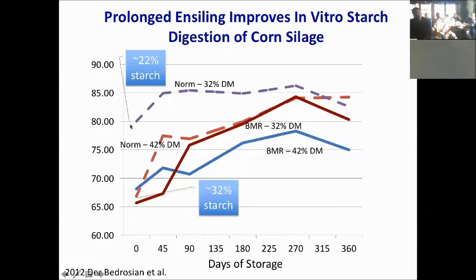This is easily explainable, because this sample with 22% starch was immature, so it did not have a very complex protein starch matrix to start with. Thus, its initial digestibility was quite high, and it plateaued because it started out high but couldn't go much higher than the ceiling I see in the field of about 80 to 85% in vitro starch digestibility at 6 or 7 hours. That seems to be about the ceiling for a lot of the samples that I see, not all, but a lot.